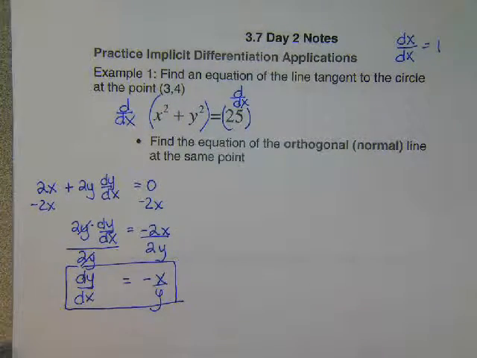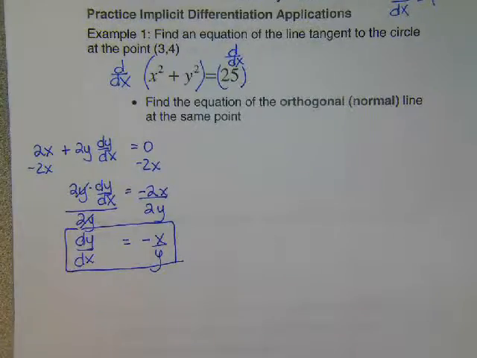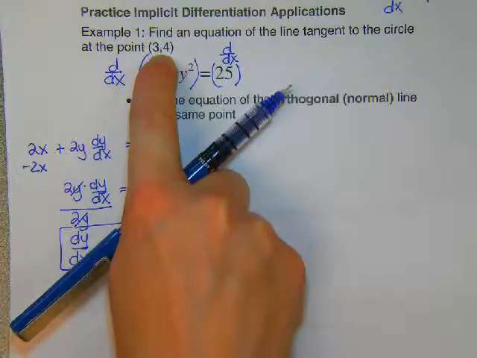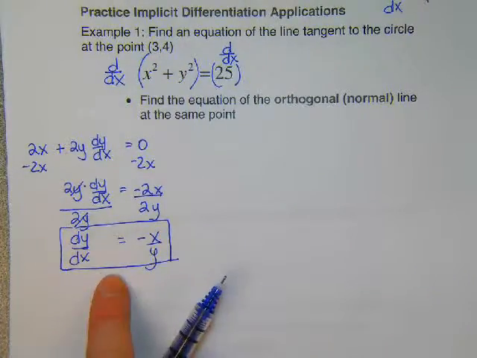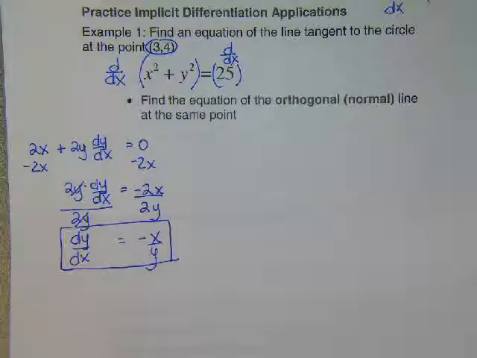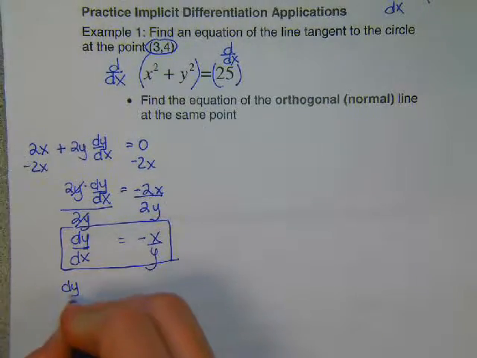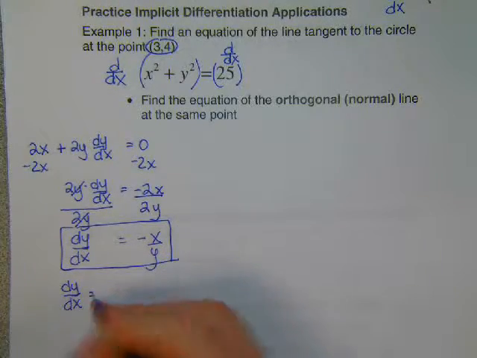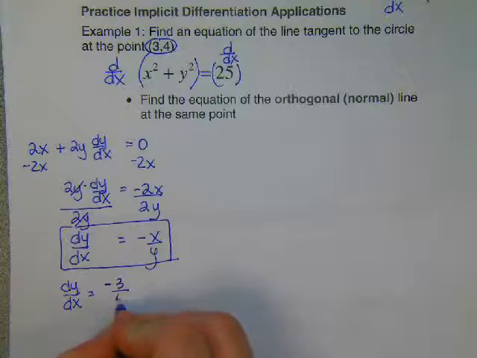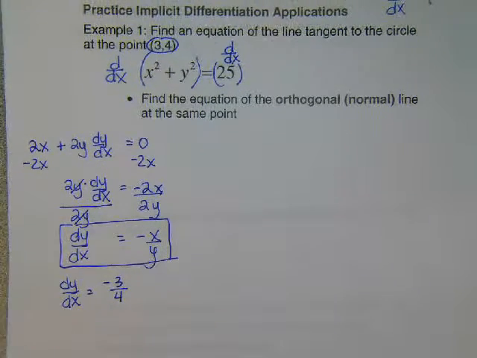So the slope at the point 3, 4, in order to find that, I have to plug x and y into my dy dx. So I do that. Dy dx at 3, 4 would be negative 3/4. And that's going to give us, just like it did before, the slope of the tangent line.